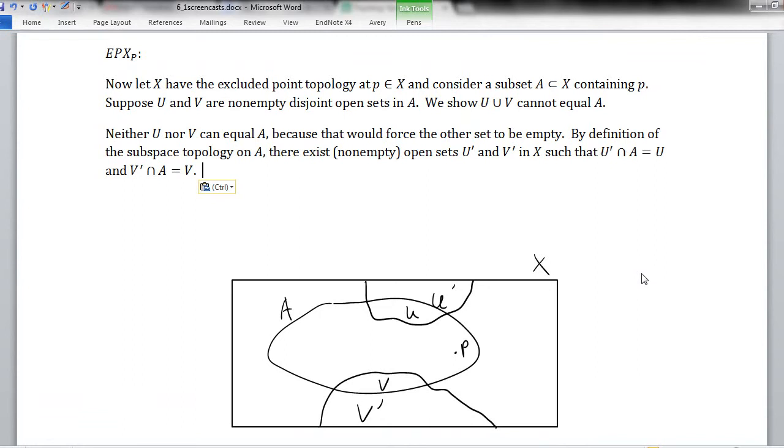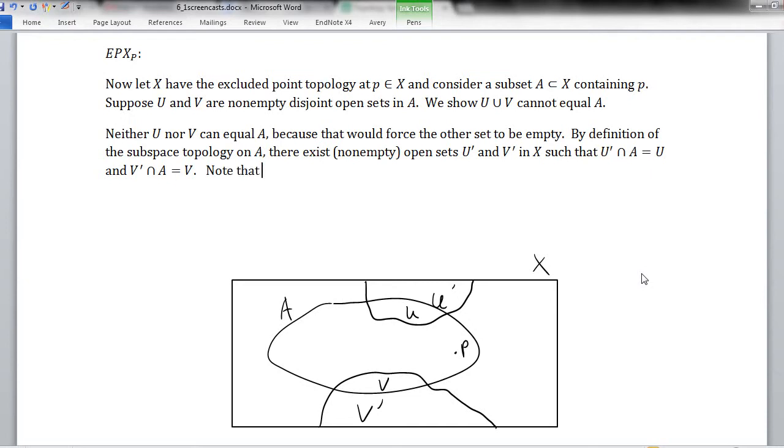And now, what does it mean that U prime and V prime are open in X? Well, we're in the excluded point topology on X. So it means that either they're the entire set X or they don't contain P. Okay. Well, the first case can't happen.